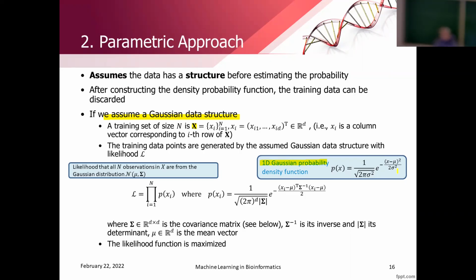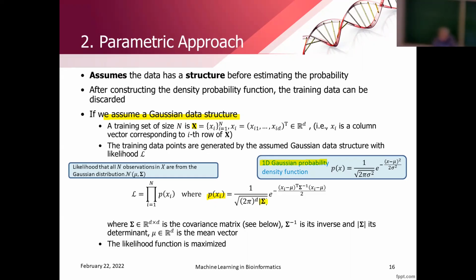But in case of multidimensional normal distribution, the density function is this one. It's 1 divided by the square root of 2 pi to the d's power. D is the number of attributes, number of dimensions, times the determinant.